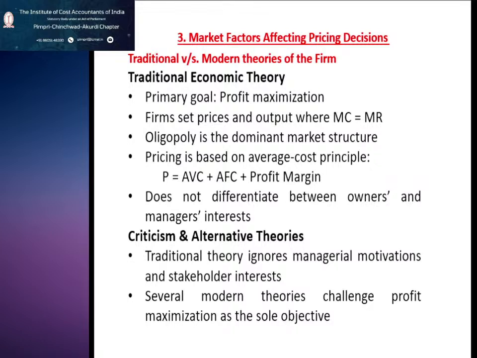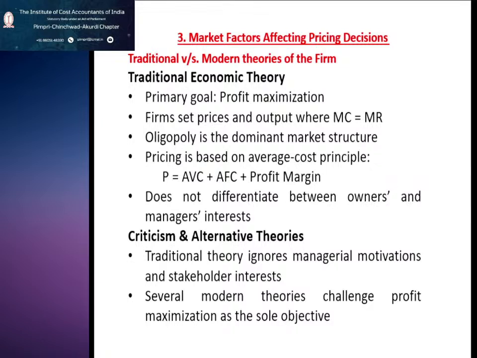The primary goal traditionally has been profit maximization, and hence the firm sets prices and output where MC is equal to MR.